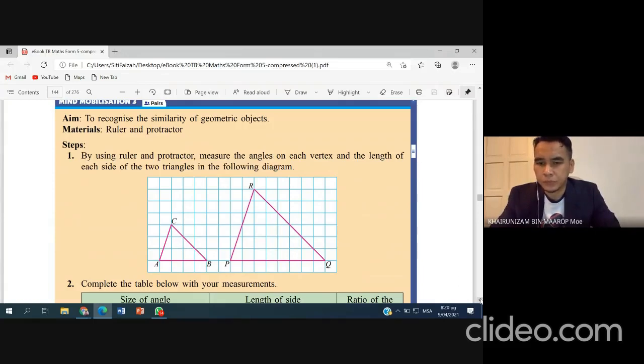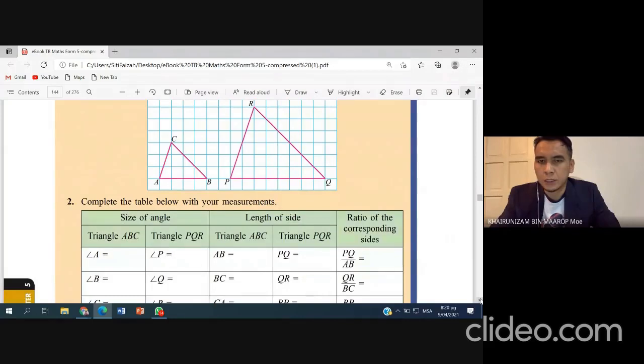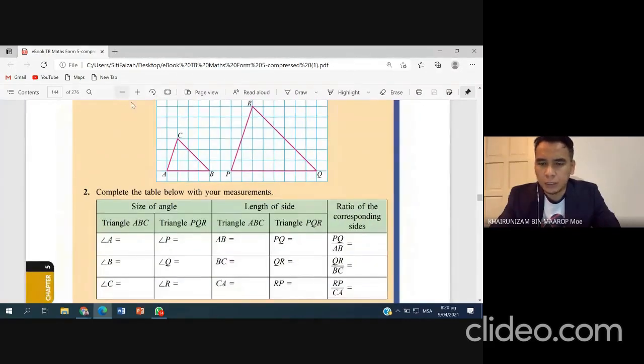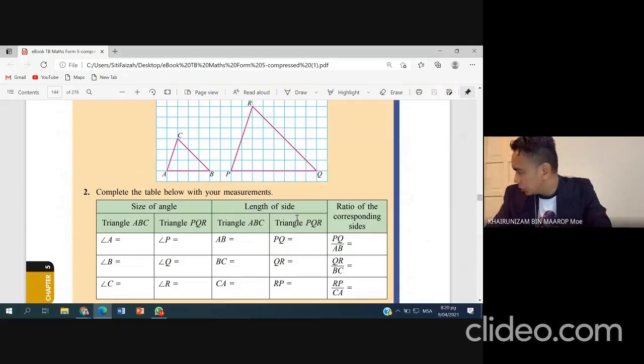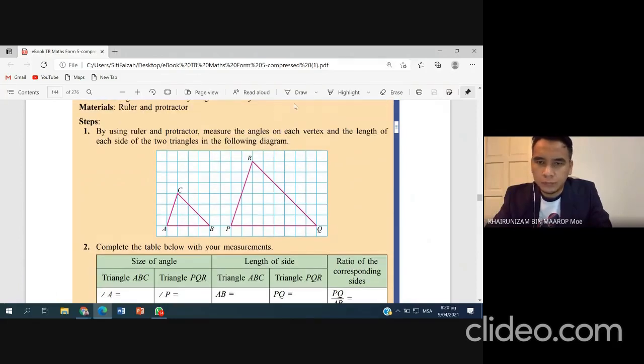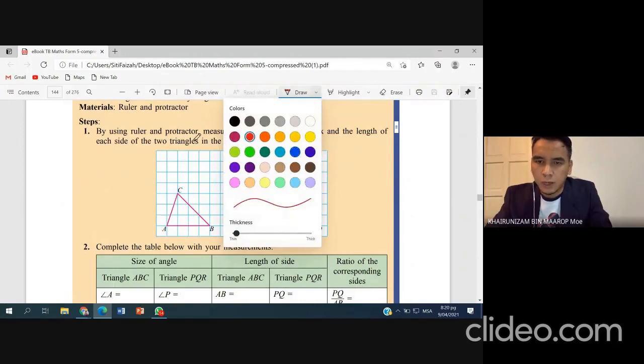So in this activity, actually we need to recognize the angle, but to recognize the angle we need to use a protractor.